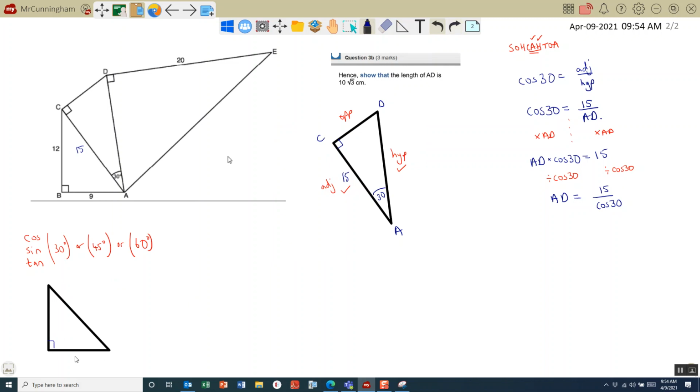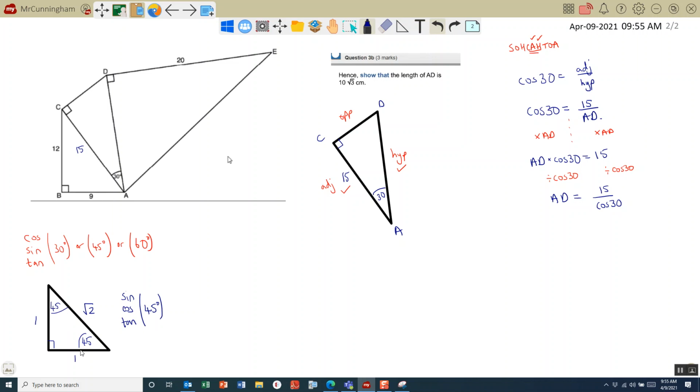And the first one is a 1, 1, root 2, so it's an isosceles triangle. If it's isosceles, these two sides are the same, which they are. And if this is 90, then these two angles have to be 45, because they must be the same, and 45 and 45 is 90. So this enables me to work out sine, cos, or tan of 45 degrees.